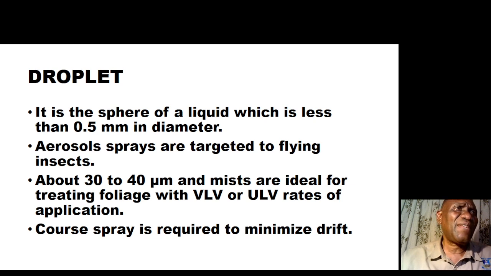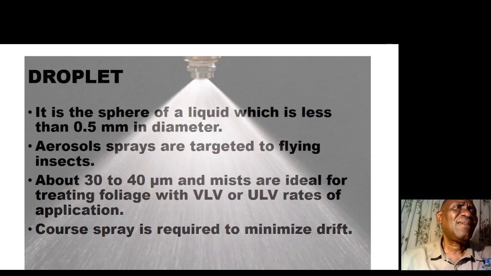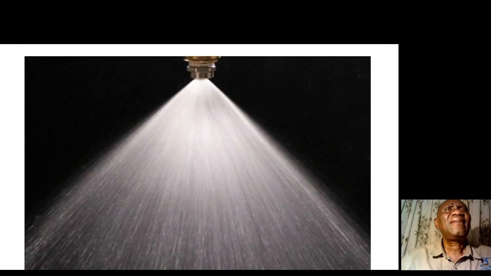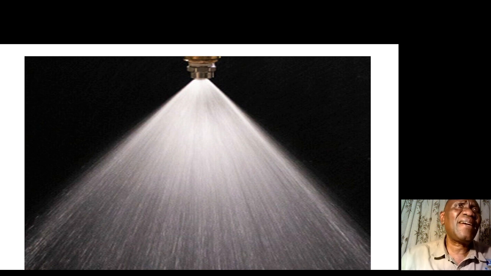That is when you have big droplets. So here we have got the nozzle which is delivering some droplets. So they form a sort of a V-shaped structure.